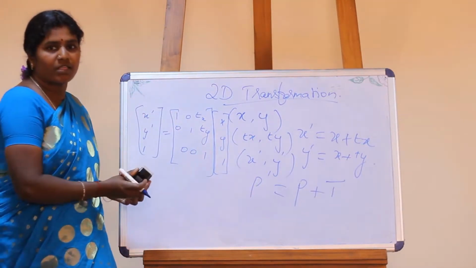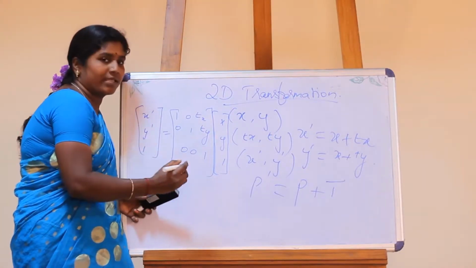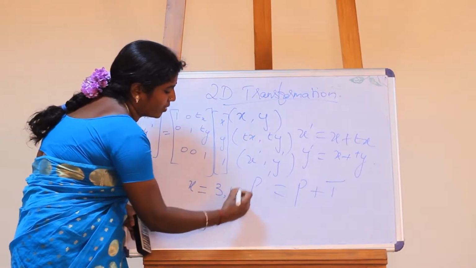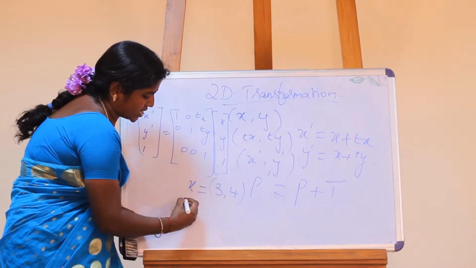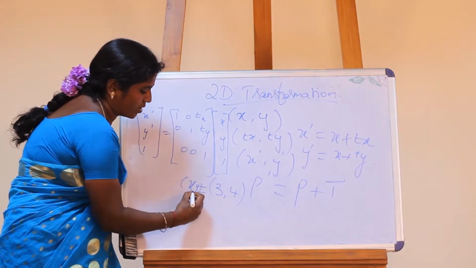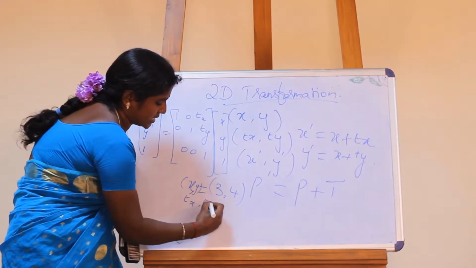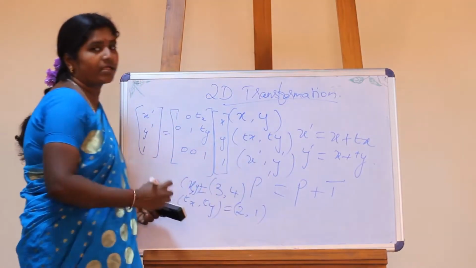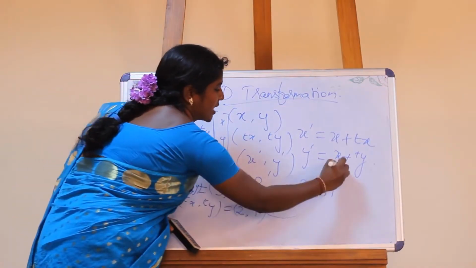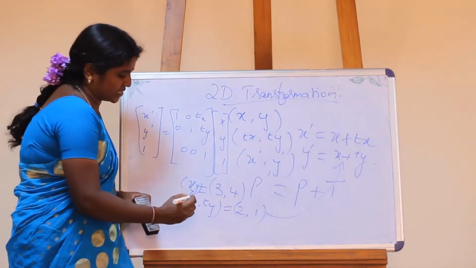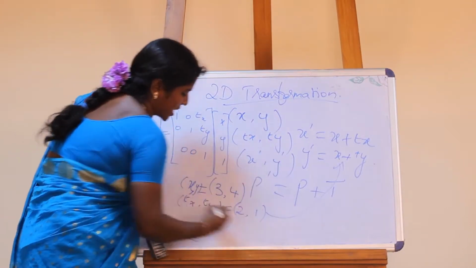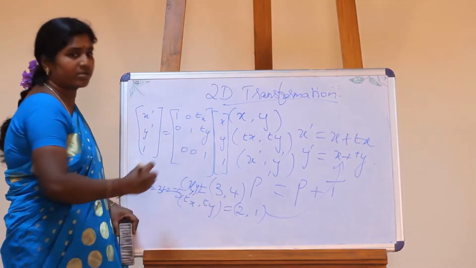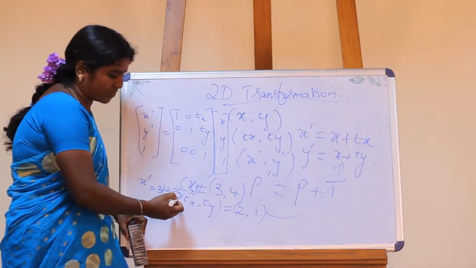For example, if you take the original position x, y equal to 3, 4, and the translation distance tx, ty equal to 2, 1. Then these values are applied to the equations. x dash equals x plus tx, so x dash equals 3 plus 2, which is 5.